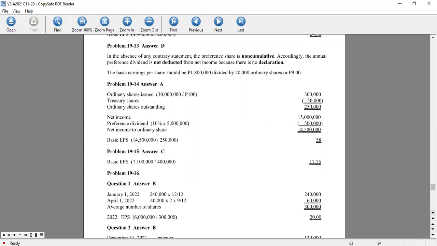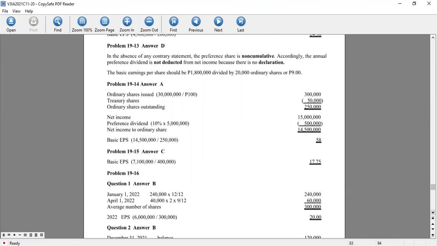1,800,000. Now for the number of 20,000 ordinary shares, 1.8 million divided by 20,000 ordinary shares, we have the amount of 9.